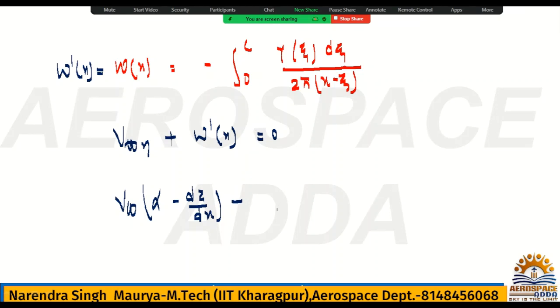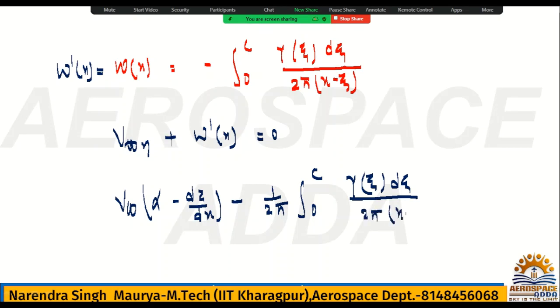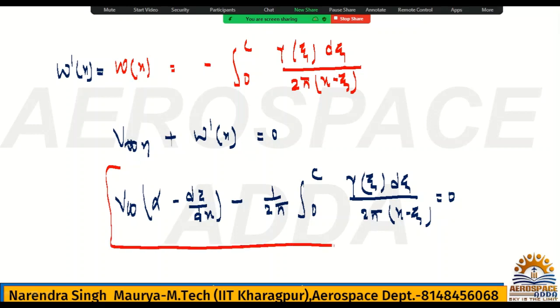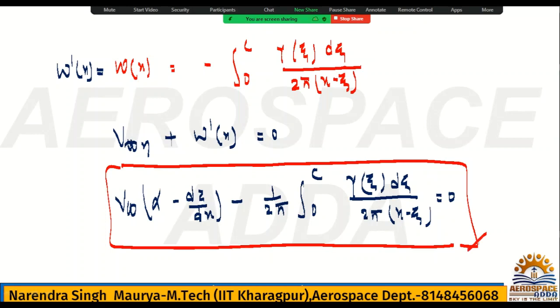Just now you have achieved, it is nothing but 1 upon 2 pi, integral 0 to c, gamma divided by 2 pi. This equation is called the governing or fundamental equation of thin airfoil theory.